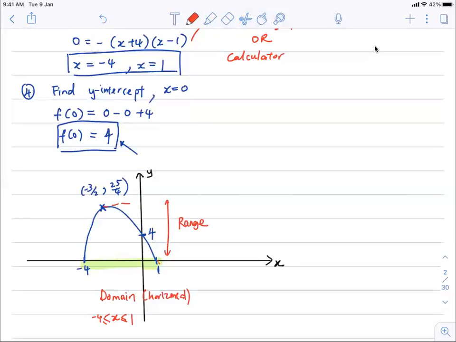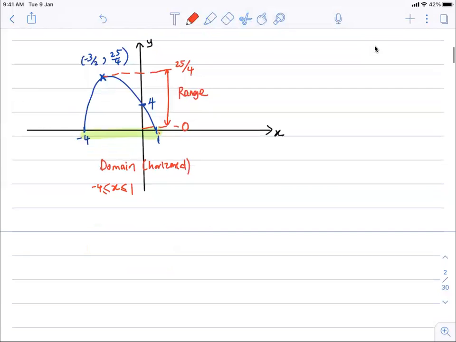We extrapolate this. The top of the range is 25/4 and the bottom of the range is 0. So we can say that the range is f(x) between 0 and 25/4.